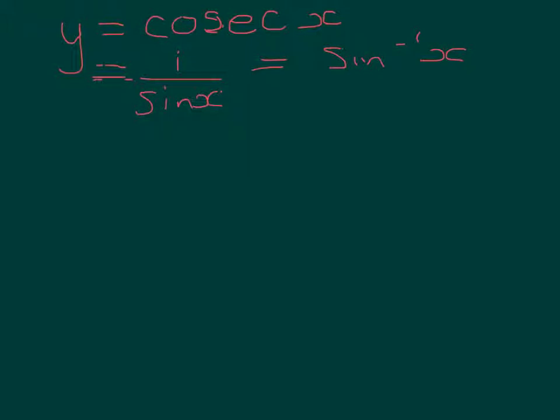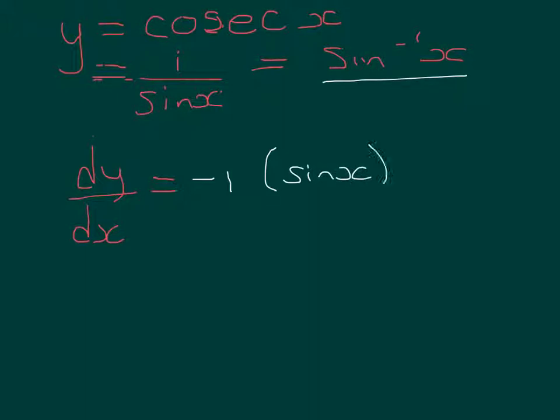And now I can have a go at differentiating it. So dy by dx is going to be the differential of this thing here. So I bring my power down, minus 1, keep sine x as it is because that's just the thing inside the bracket, and reduce my power by 1 to minus 2.